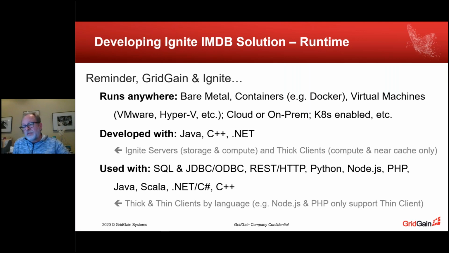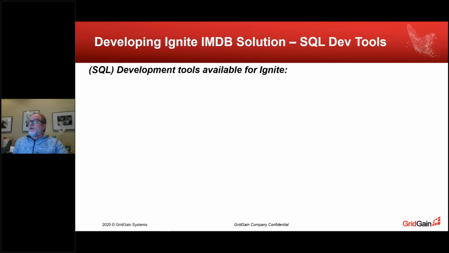Python by default supports only a thin client, but there is an open source option to use a thick client version of the library that's been implemented as well. Okay, so let's get into the development tools for each of those three different environments.